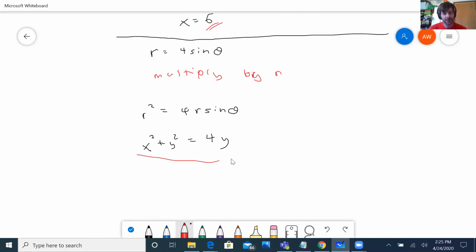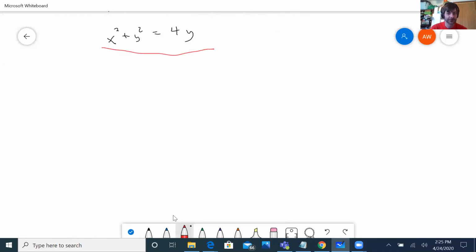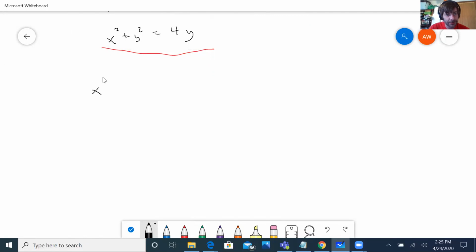Again, we're pretty happy here, but I'm going to play that same thing I played before. I'm going to subtract the 4y from both sides. I'm going to leave myself a space. So I need half of 4, which is 2, squared, which is going to be 4.